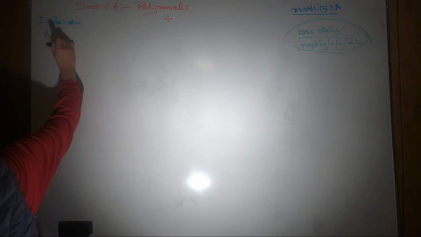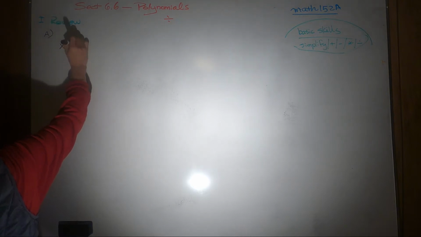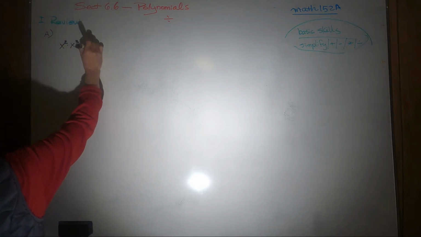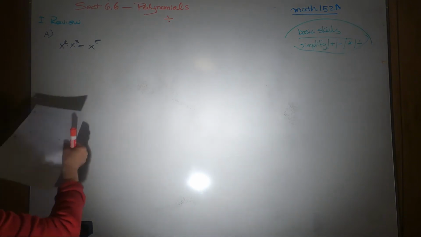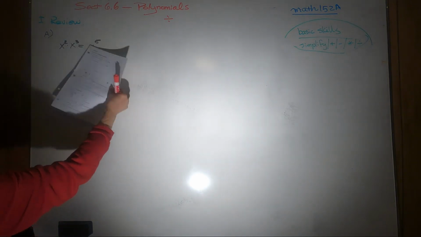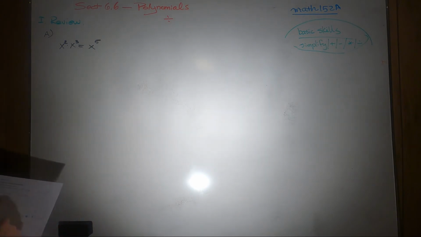We had this before. x squared times x cubed is what? How many x's? Five of them, right? So we multiply one term times one term, and it is still one term, right? So we call this one what?